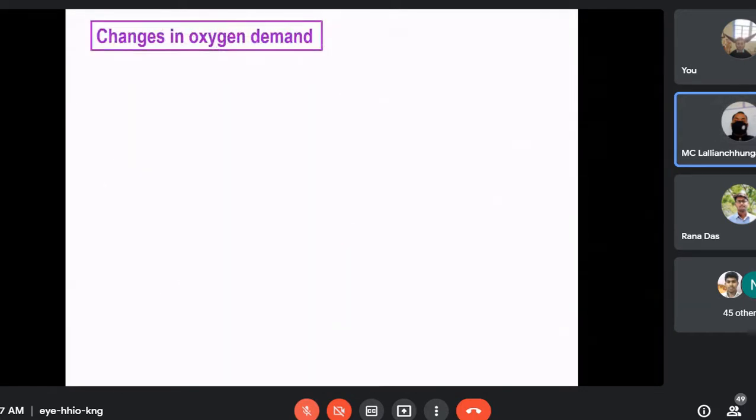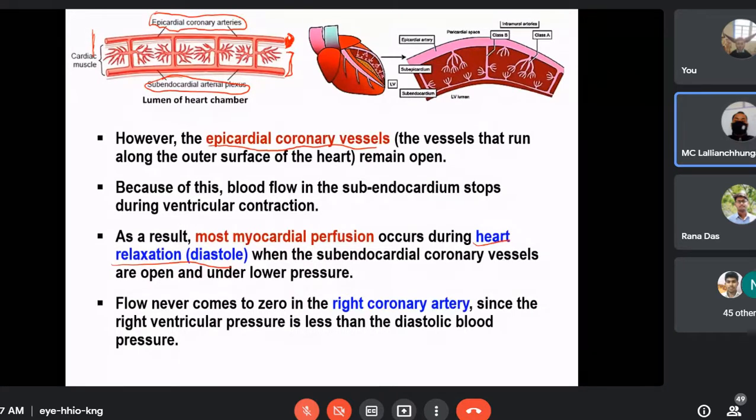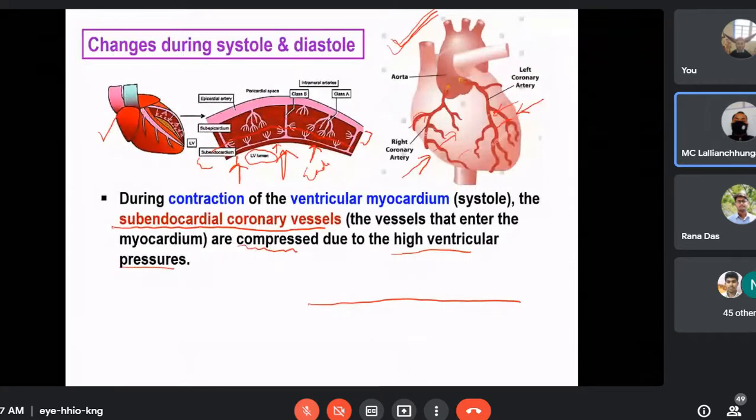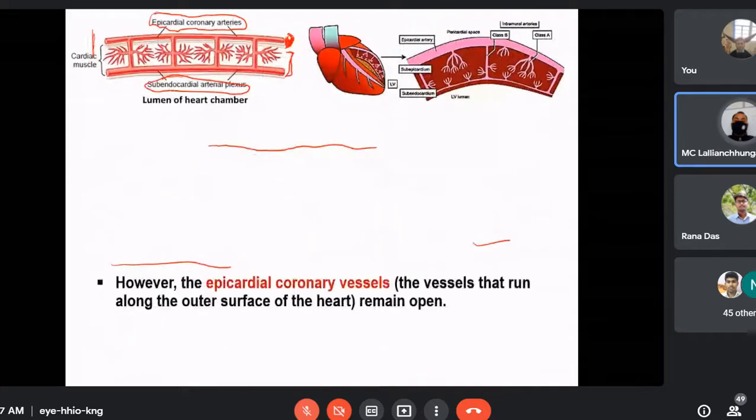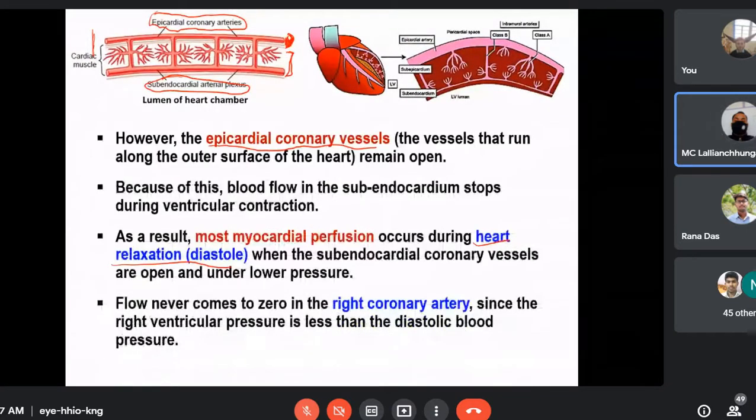But during diastole, when there is relaxation of the ventricular muscle, the pressure is low. I've already shown you that the pressure during diastole, in the aorta or pulmonary artery, will be lower.